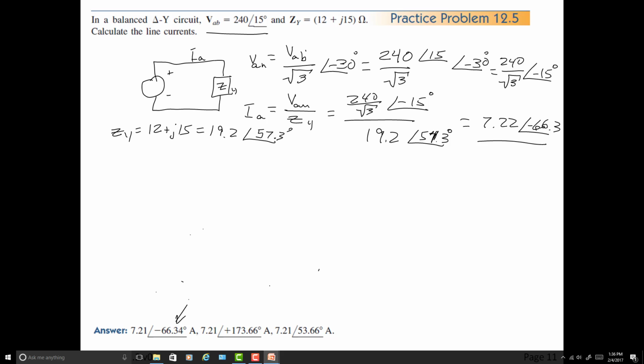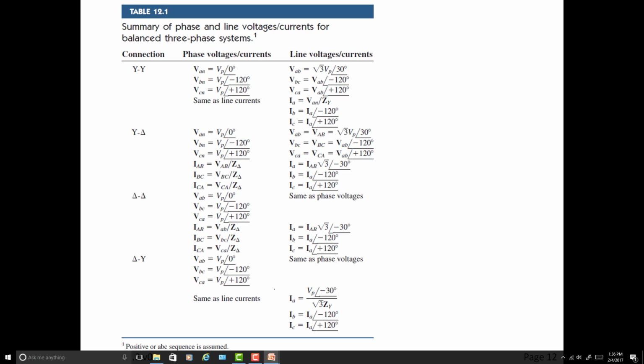Okay? So there's that. Here, by the way, I just posted it. You have this in your book for a great reference. I simply wanted to point a couple of things out. It's a handy table, maybe for orientation as much as anything. But remember when we did the YY configuration here, everything worked out really nice.